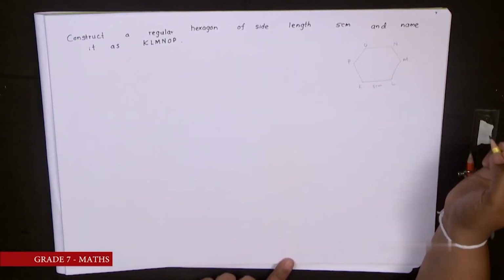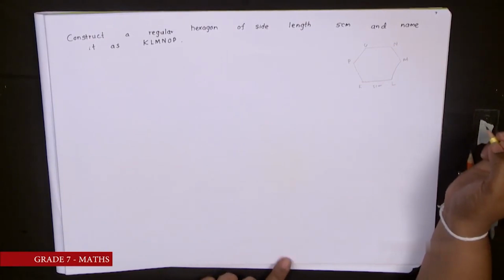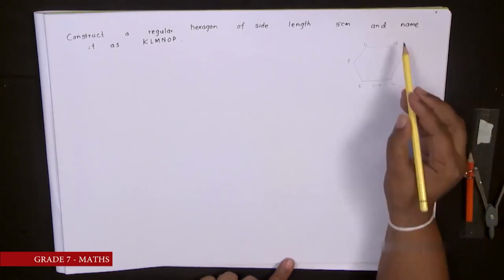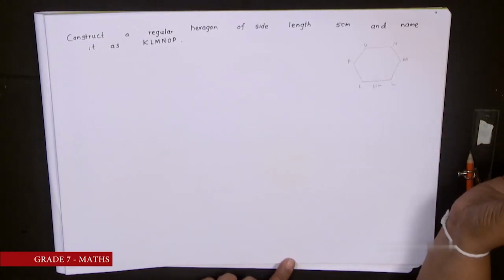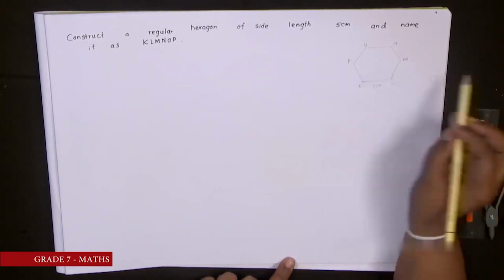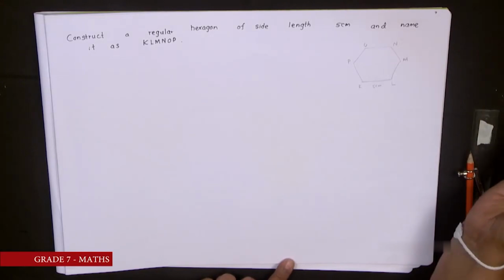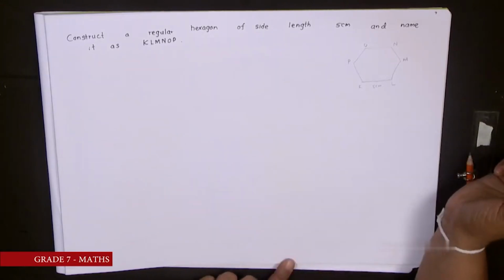I have told you that we are going to construct it using equilateral triangles. Therefore, I am going to divide this regular hexagon into few equilateral triangles. I am going to draw it in my rough sketch, then it is easy for us to construct it.